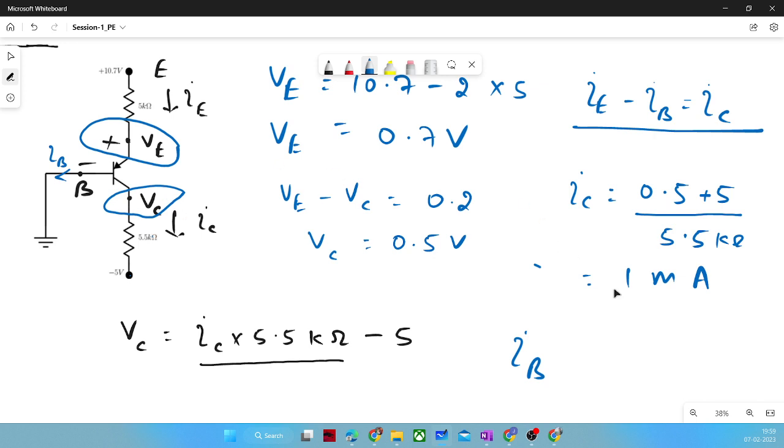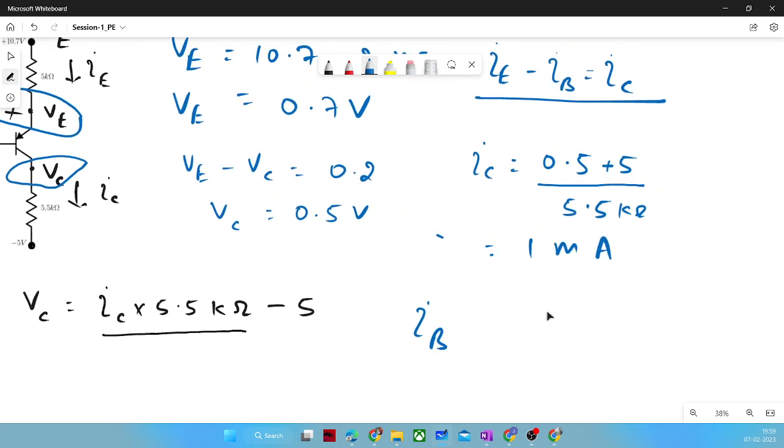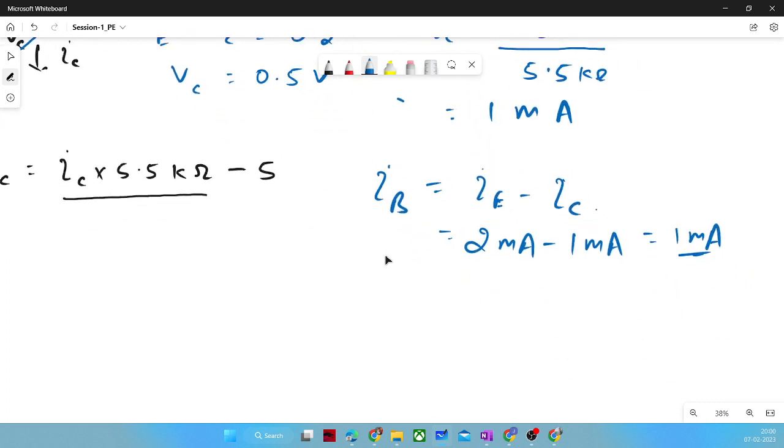So IB we can write as IE minus IC. IE is 2 milliampere, IC was 1 milliampere. Overall IB is equal to 1 milliampere. And we can see IB is 1 milliampere and beta is given as 100 in this problem.